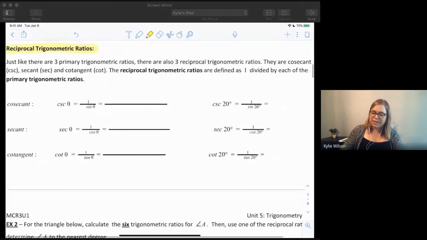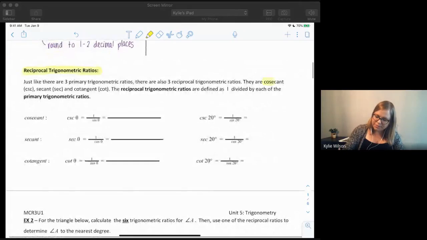They are cosecant, which is represented by CSC, secant, which is represented by SEC, and cotangent, which is represented by COT. Now, the reciprocal trigonometric ratios are defined as 1 divided by each of our primary trigonometric ratios. So basically, they're the exact same as the SOHCAHTOA you've known before, but everything is just under 1.